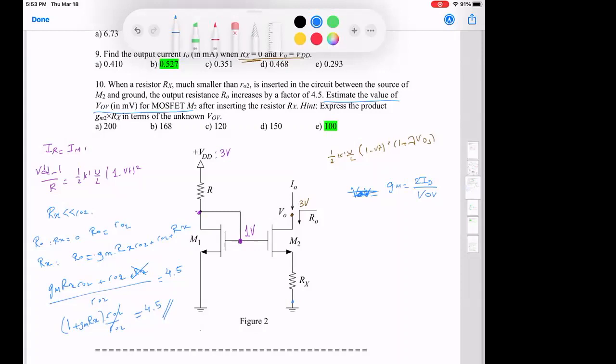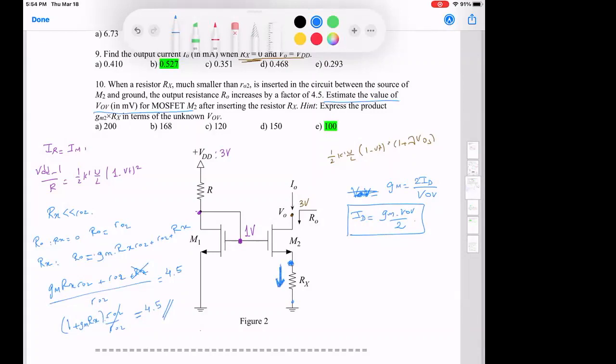So basically we know that ID is equal to GM times VOV over 2. So keep this relation between GM and VOV. But at the same time I know the current ID flows through this resistor, right?